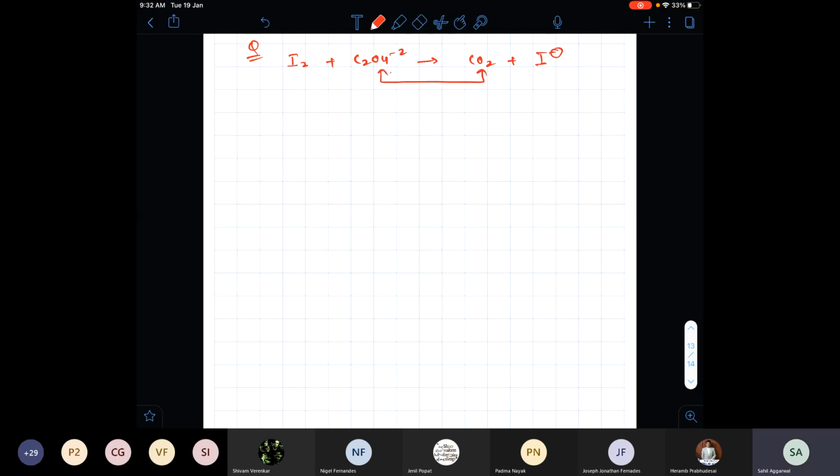C2O4 2 minus gets converted to CO2. Balance the number of carbon atoms. Find out the charge difference. Any doubt till here?